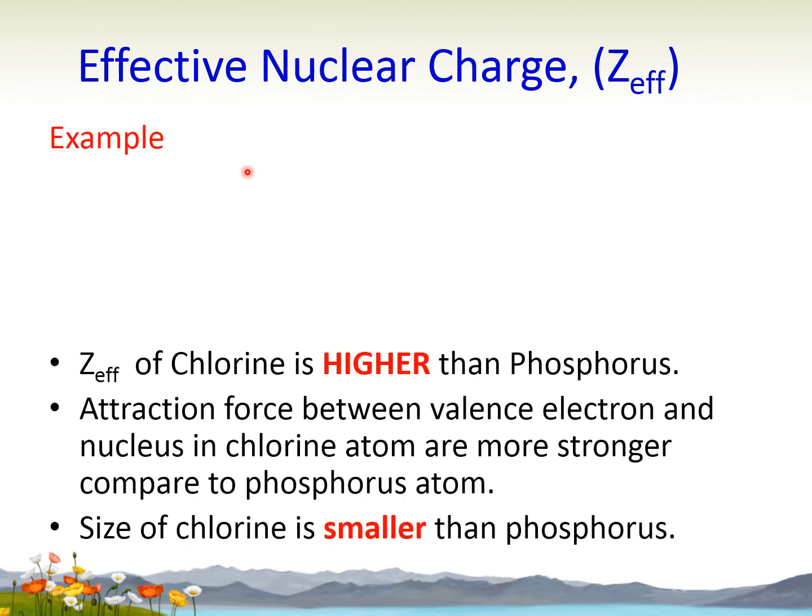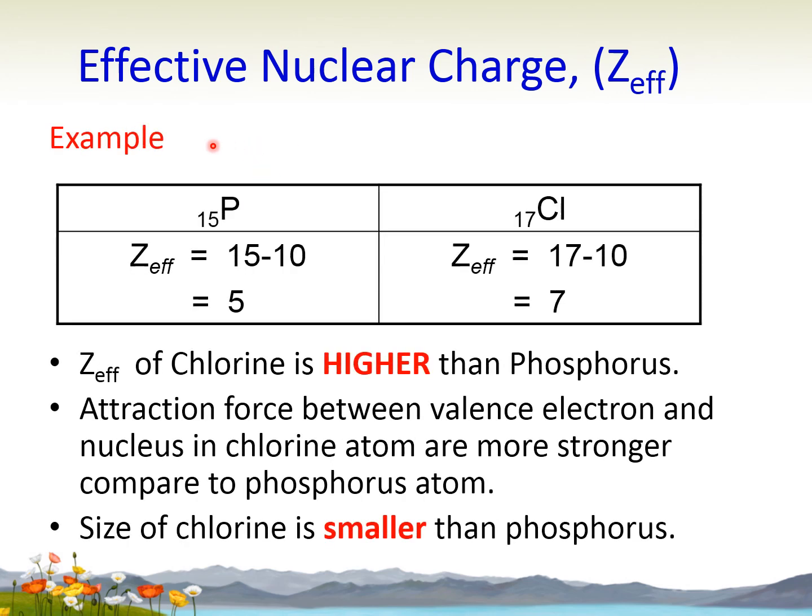For example, as you can see in this slide, we have phosphorus with 15 protons, and also chlorine with 17 protons. Zeff is equal to the proton number minus the electrons in the inner orbitals. So Zeff for phosphorus is 15 minus 10, equal to 5.